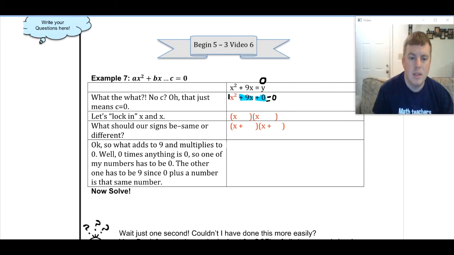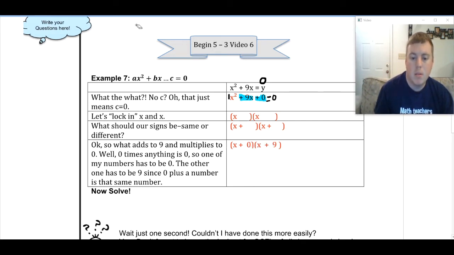Now the last thing we need to think about is what's going to add to be 9 and multiply to be 0. We know that the zero property of multiplication tells us that 0 times anything is 0, so we know one of these numbers has to be 0. Now, the only thing we can add to 0 to get 9 is 9 itself, so that makes this pretty easy to follow through with.